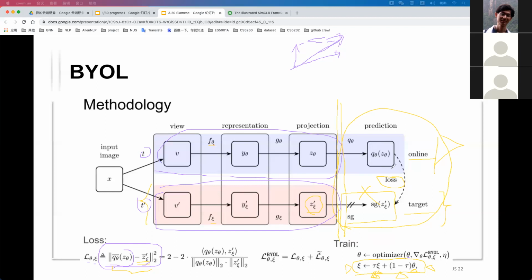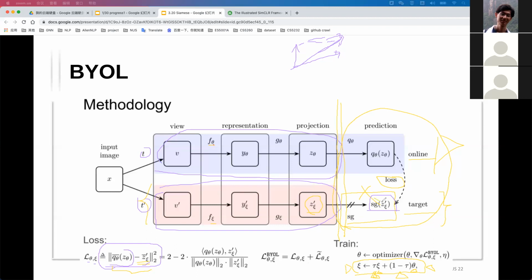Okay, so when we have a loss function, I think this loss function will update weights from Z to Z prime, from SG Z prime. So what does this SG Z prime mean?